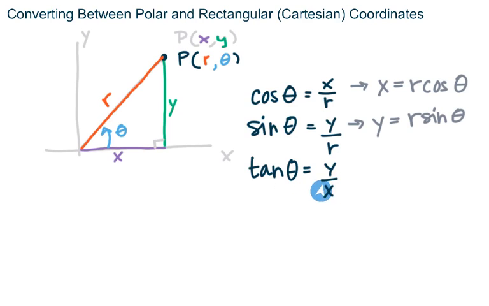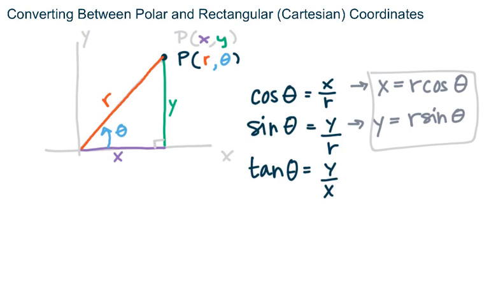Now, especially with cosine and sine, if I multiply by r on both sides, I'll say that x equals r cosine theta, as well as y equals r sine theta. We don't really do that with tangent, but these two rearrangements isolate x and y in terms of polar. These are really helpful formulas that we like to keep stored.